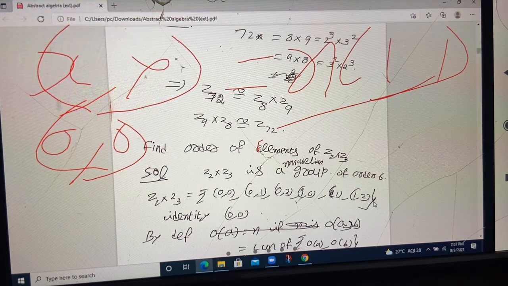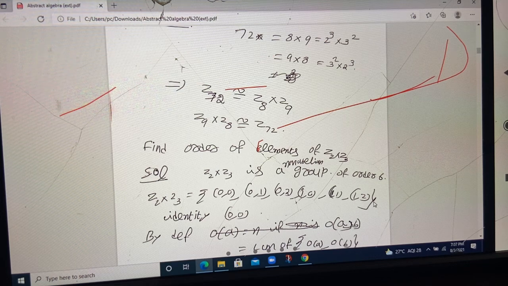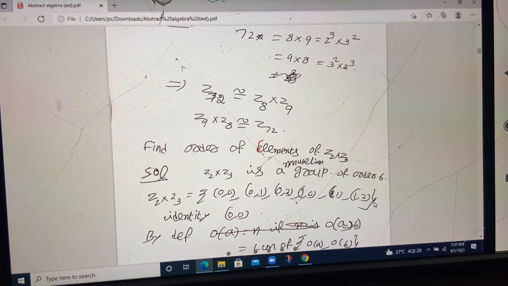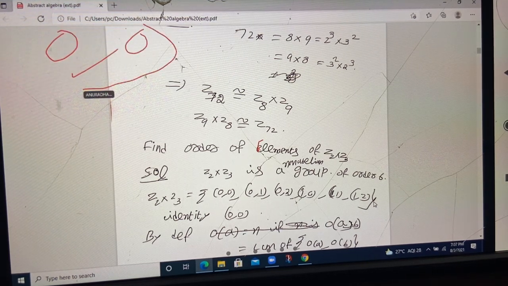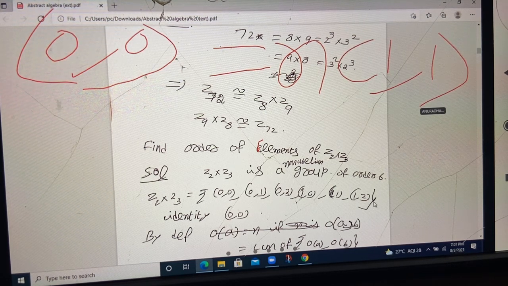Let us see (0, 0). Can we write it as n into (1, 1)? It should be a positive n. What is meant by n into (1, 1)? (1, 1) plus (1, 1) plus (1, 1) and so on.